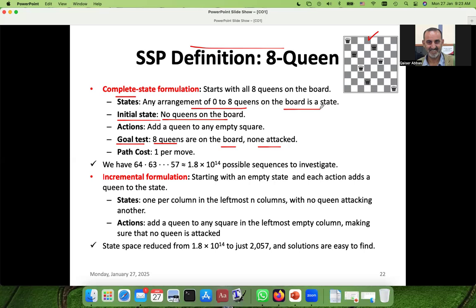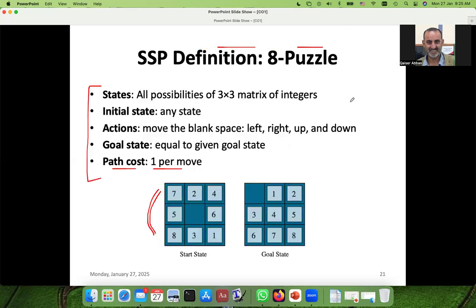The goal state, in which all the queens are not attacking each other, is also a state. And in between, when two are non-attacking and others are attacking, this is also a state. With a minor difference of one move, it is a state. This whole picture of the game is a state with a minor difference. So there are too many possibilities of states in this problem, even more than the 8 puzzle.